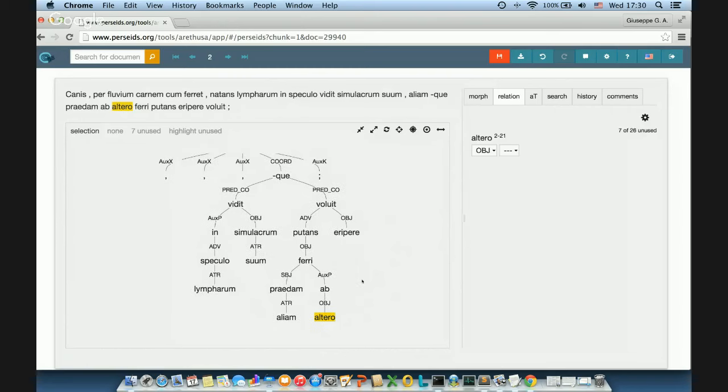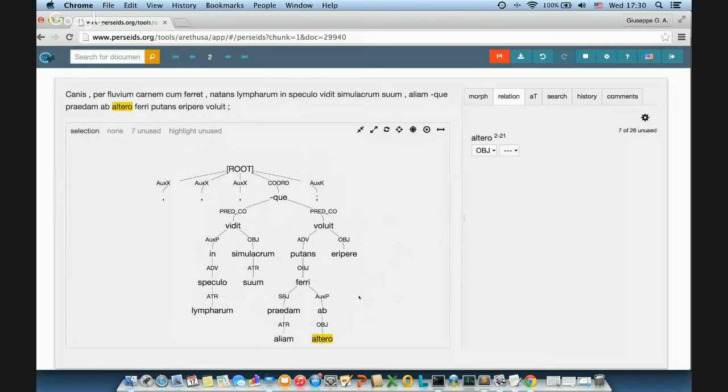The problem is that we use the term object not really only for accusatives, okay, for direct object, not only for direct object, but we also use it to mark any constituent which is considered to be, again, verb specific, which is required by a verb. Let me give this clear example.